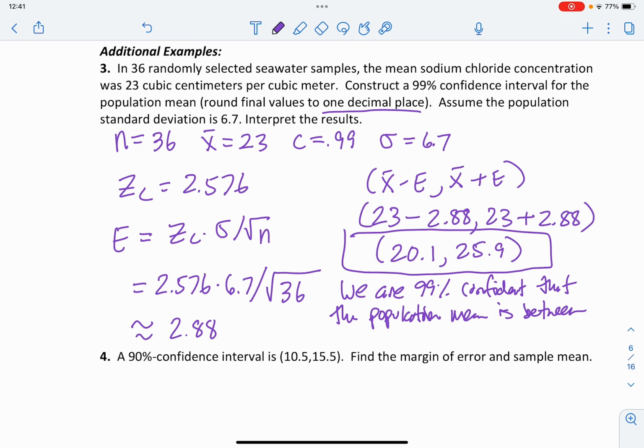Those two values, right? 20.1 cubic centimeters per cubic meter. I guess I could write that cm cubed per m cubed. Getting sciencey here. And 25.9 cm cubed per m cubed.